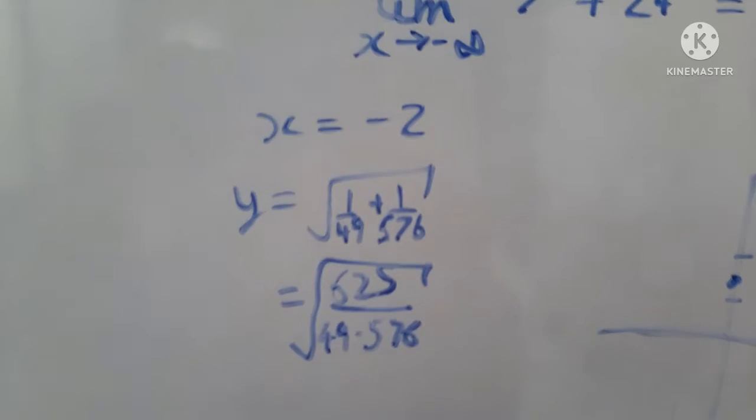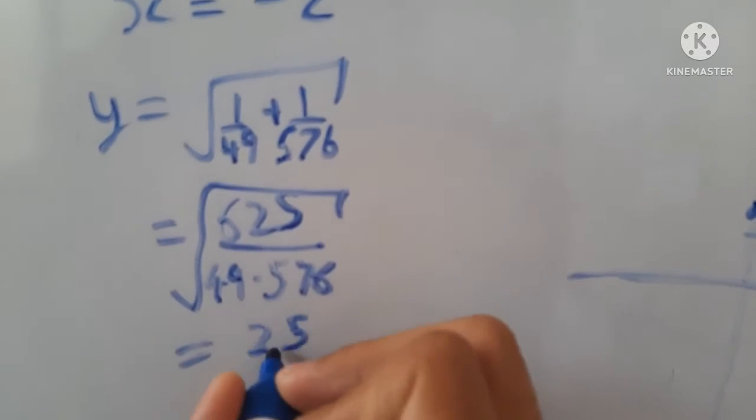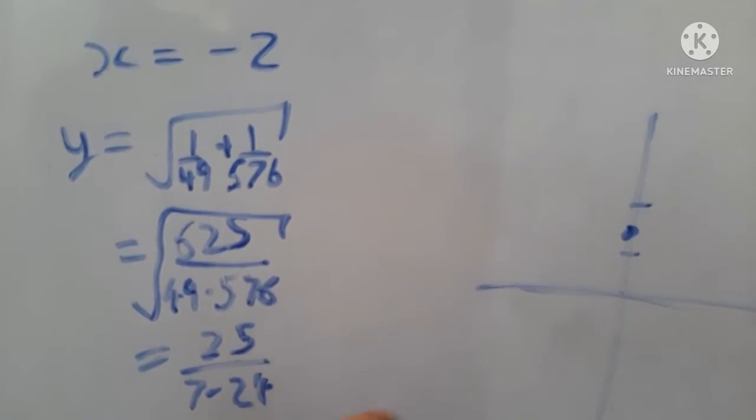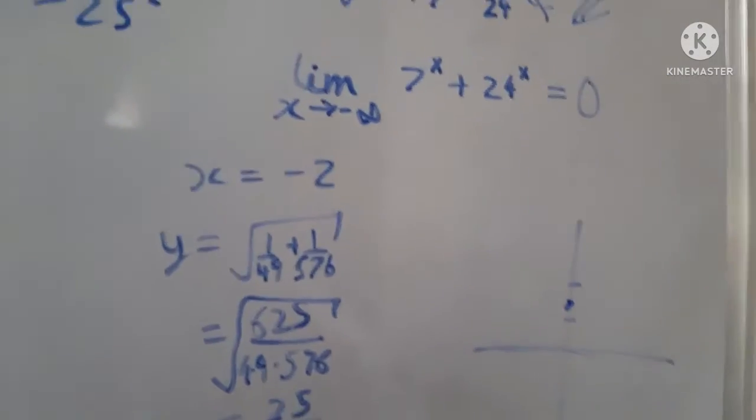The square root of this stuff is y, which should be 25 upon 7 times 24. And of course that is not an integer, right?